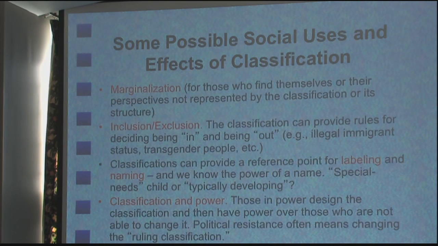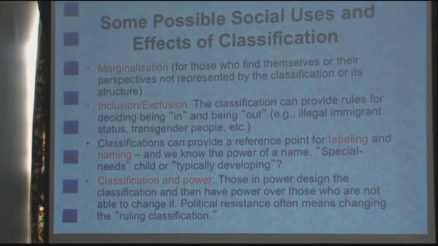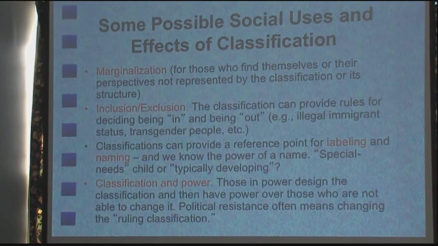And here are some things that can happen with a classification over and above the elegance and parsimony, over and above the different warrant. But now you've got it implemented. So what happens? A classification can lead to inclusivity or marginalization for those who find themselves outside the structure.